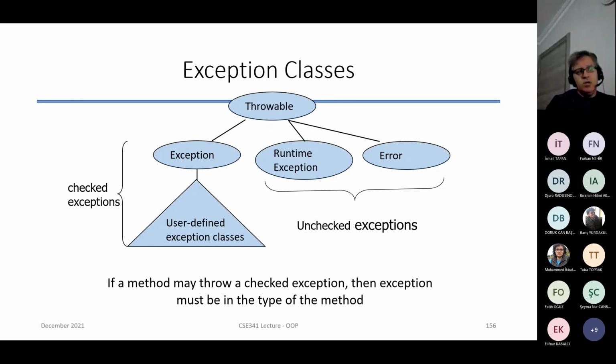If a method possibly throws a checked exception, then that exception must be in the type of the method, and this will now be checked at runtime. If you recall, as far as conformance goes, this has to be part of the runtime check of the subtyping.